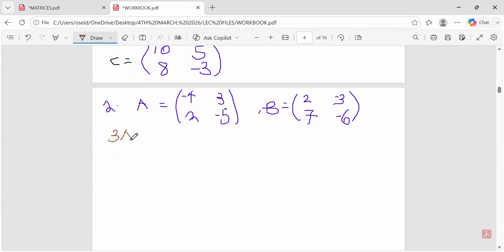Alright, so solution. Let us not forget that over here we have two scalars. The scalars are 3 and 2 because they are multiplying matrix A and matrix B.